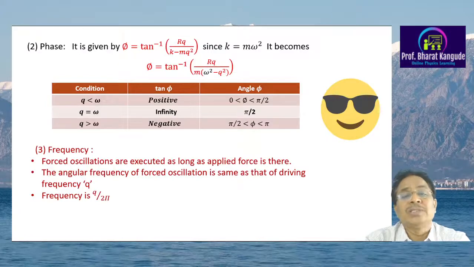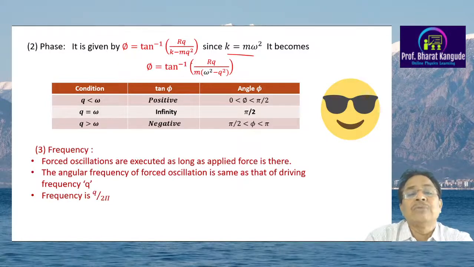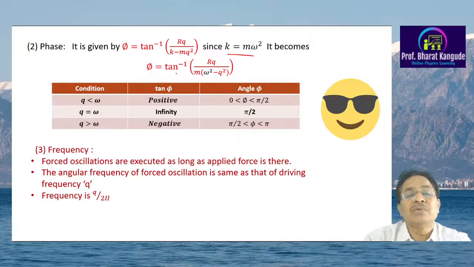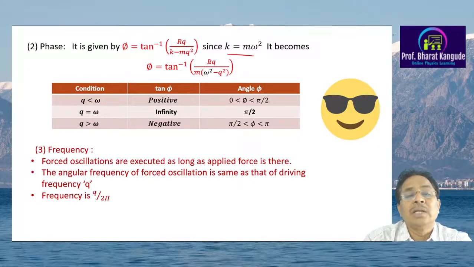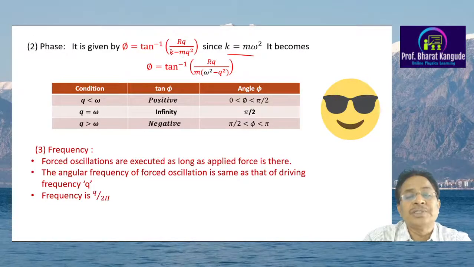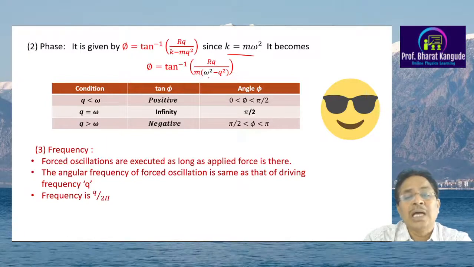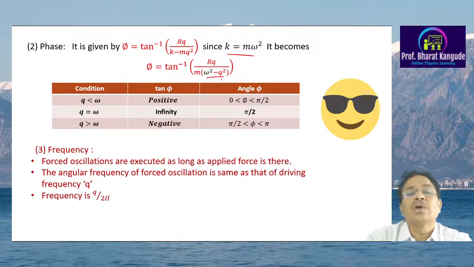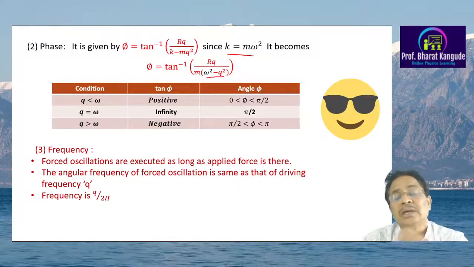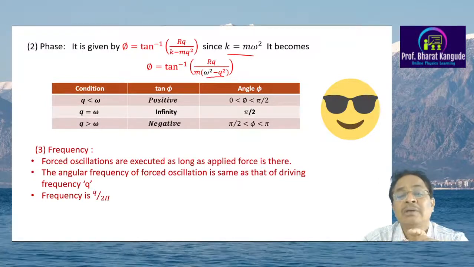Here also we can substitute k equal to m omega square from chapter 1, and therefore this equation becomes phi equal to tan inverse of rq upon m, taking m outside because it is m omega square minus mq square. Again I am getting the same term, omega square minus q square, that is the difference between the square of the natural frequency and driving frequency.